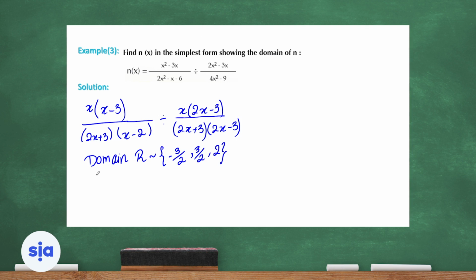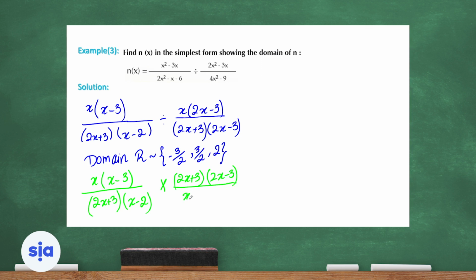Keep, change, flip. First fraction as it is. Change the division sign into a multiplication sign, and then flip the second fraction.